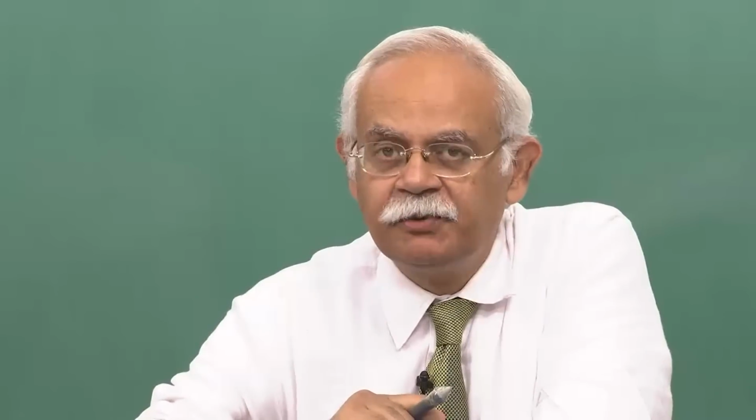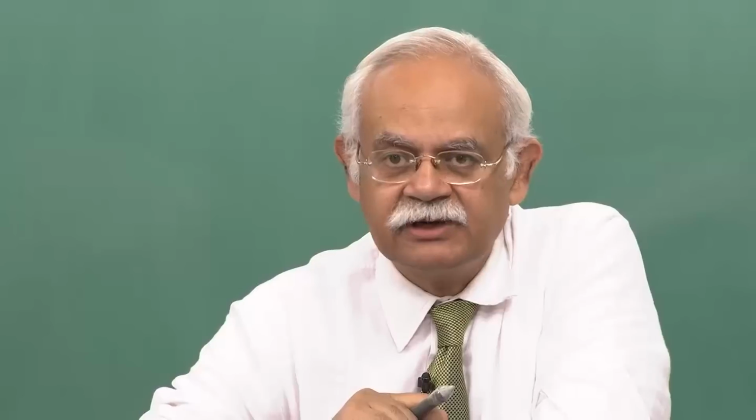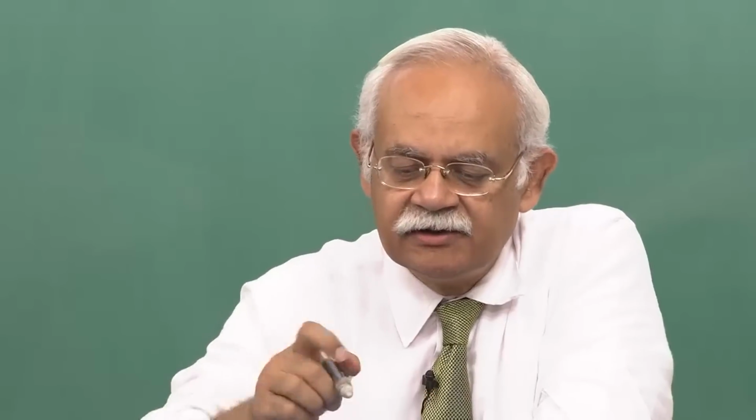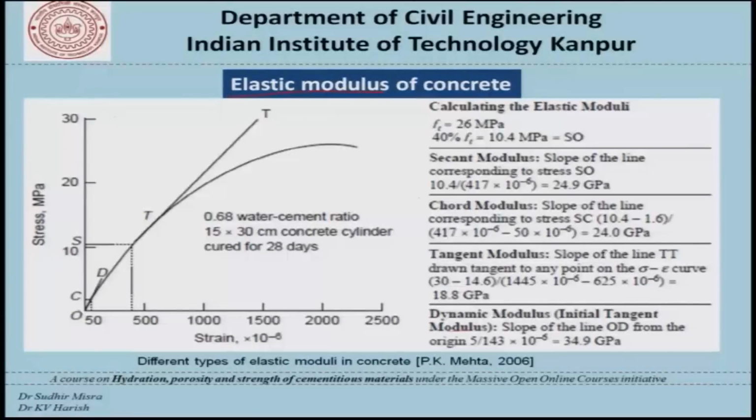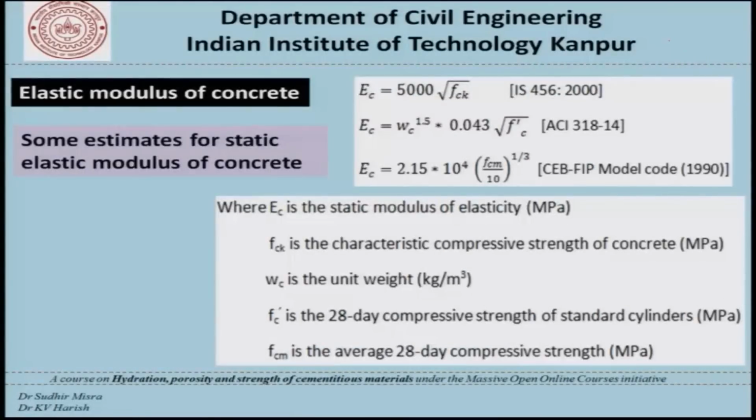Now, one of the most important pieces of information that comes out of a stress strain curve is the elastic modulus, or the modulus of elasticity. For a linear material, the slope of the stress strain line does not change depending on the location, whether we talk of stresses or strains.